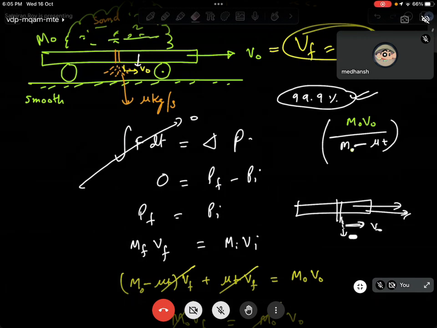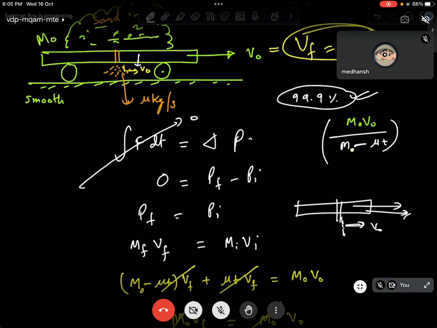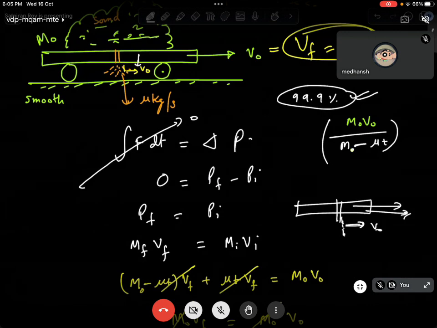So there is no change in momentum. That sand may come to rest after striking the ground, but when it is leaving the cart, it has the same velocity. So nobody is changing the momentum of the cart. When the sand separates and strikes the ground, then its momentum changes.